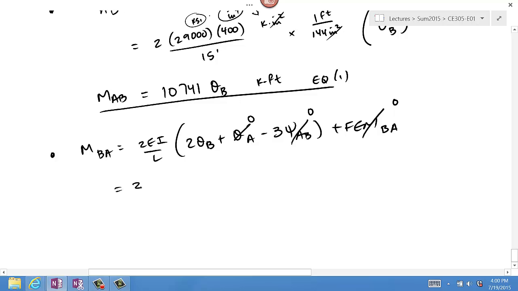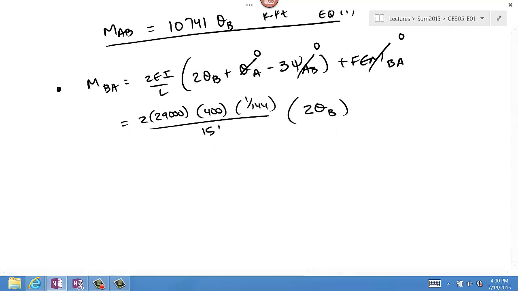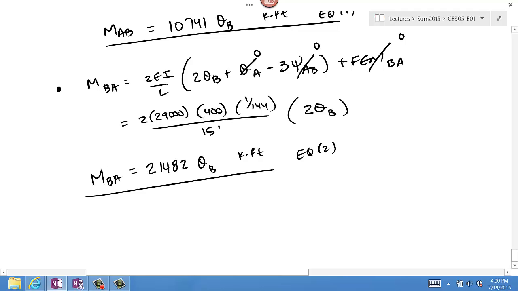This gives me 2 times 29,000 times 400, that's the moment of inertia, times 1 over 144 for the unit conversion, 15 feet in the denominator, and then the term inside the parentheses is 2 theta B. So this gives us 21,482 theta B kip feet. This is equation 2. This is for MBA.